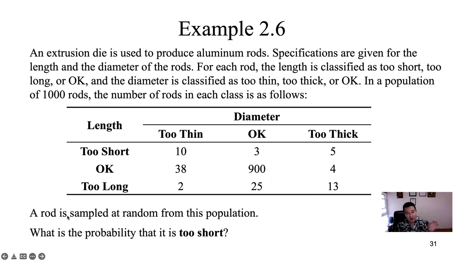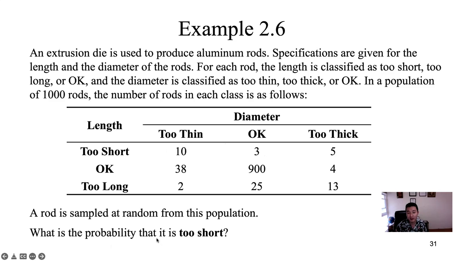So a rod is sampled at random from this population of 1,000 rods. What is the probability that it is too short? Too short includes too short and too thin, which is 10, too short and okay, 3, and too short and too thick, which is 5.